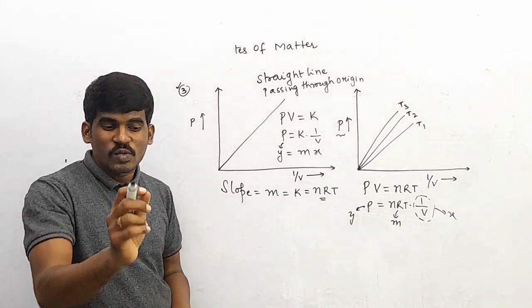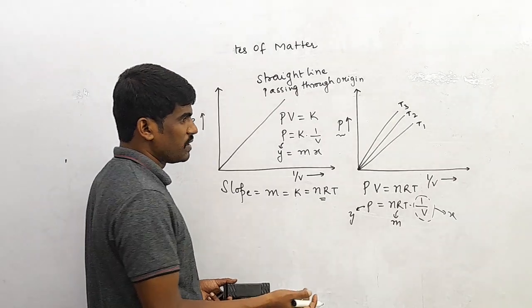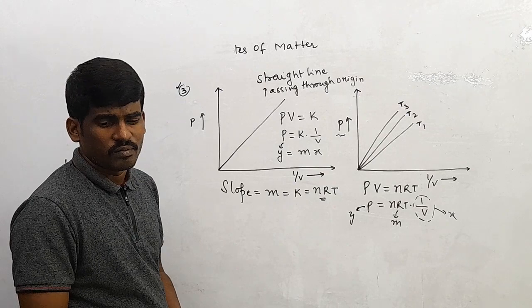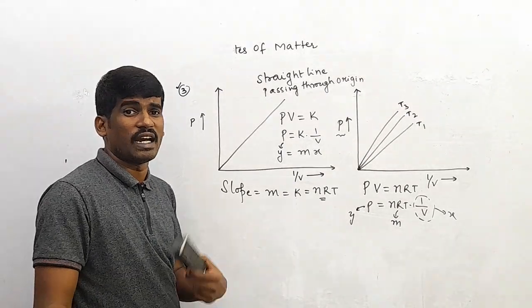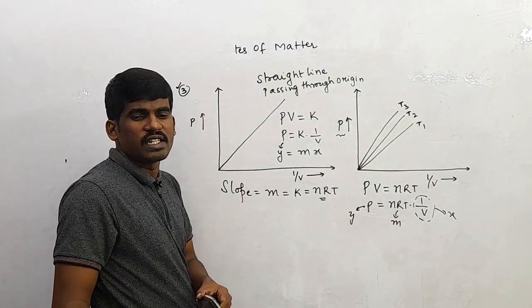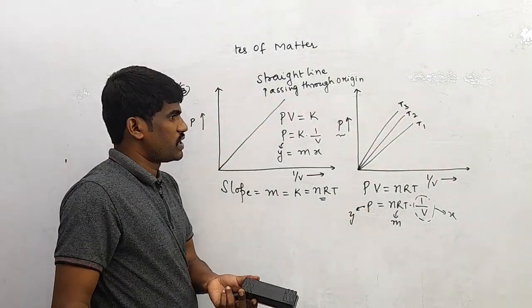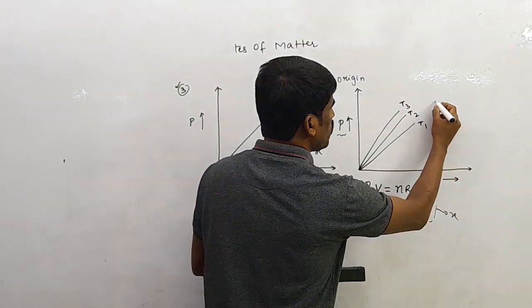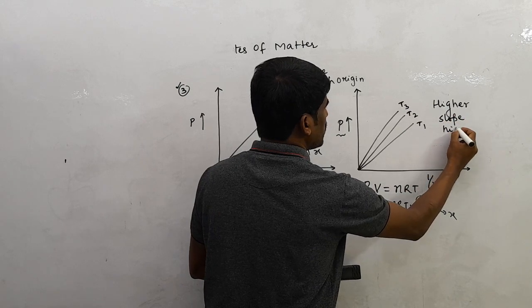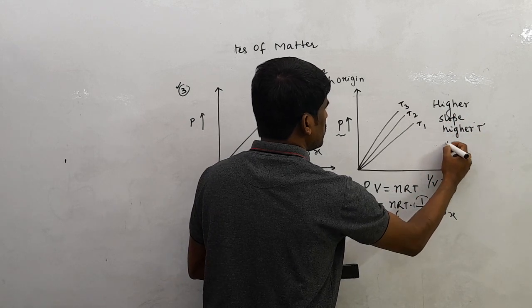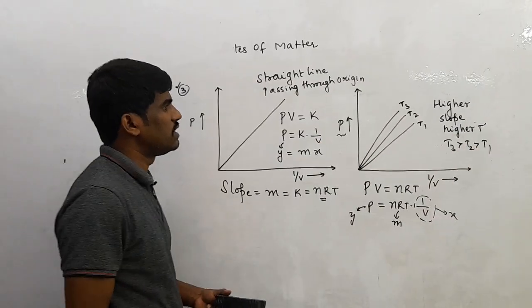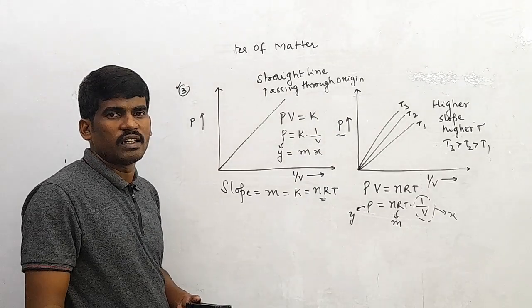So based on the slope you can decide the answer. Higher slope, higher temperature. That means T3 greater than T2 greater than T1, because slope is higher for T3 and hence the relation is T3 greater than T2 greater than T1.